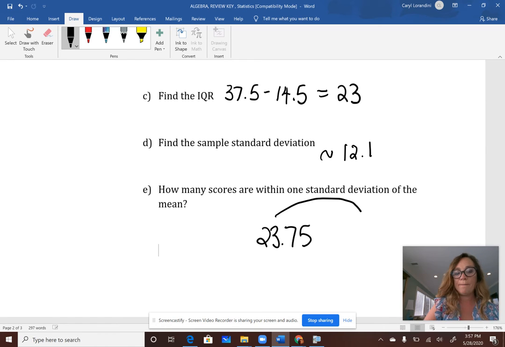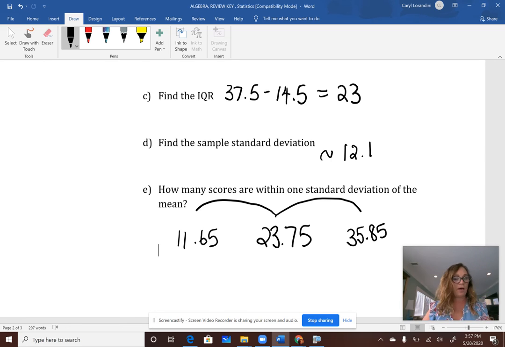If I go up 12.1, that is 35.85. If I go down 12.1, that is 11.65.